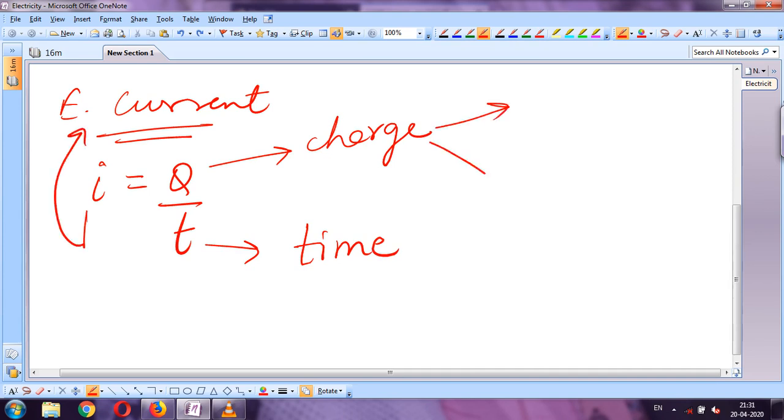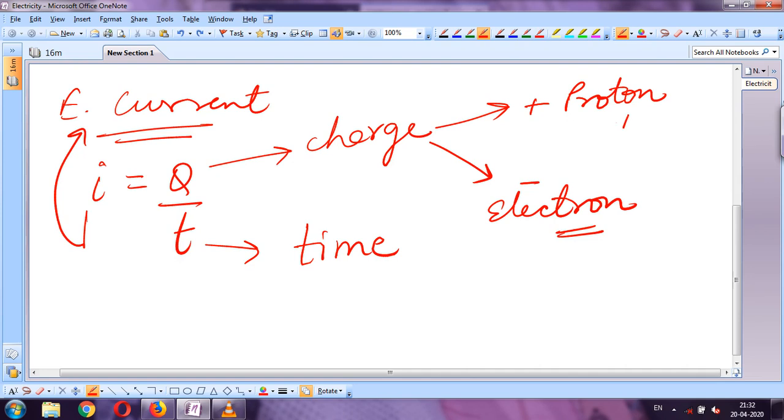Charge you have studied. There are two types of charge, positive and negative. Positive charge is represented by proton and negative charge is represented by electron. You also studied that one proton has plus E charge and one electron has minus E charge.